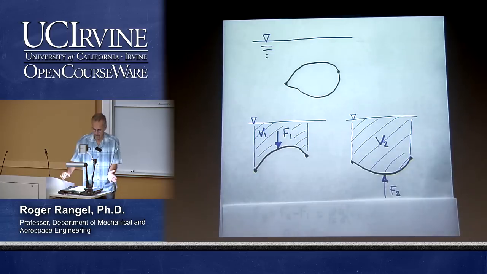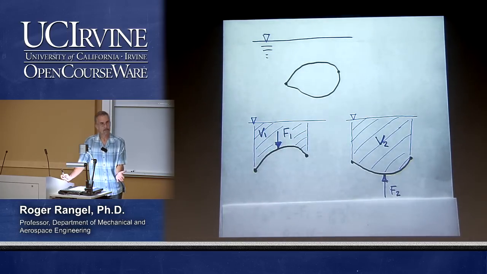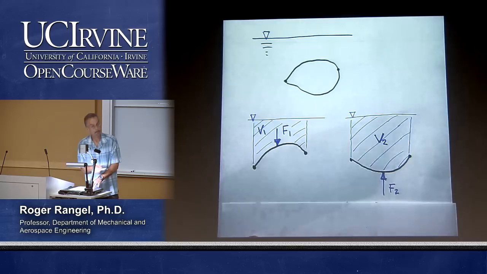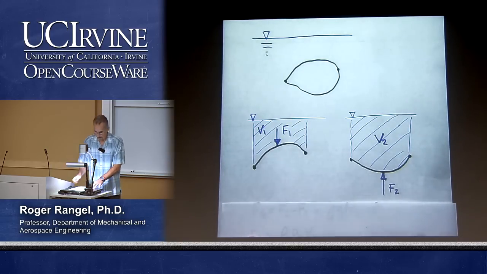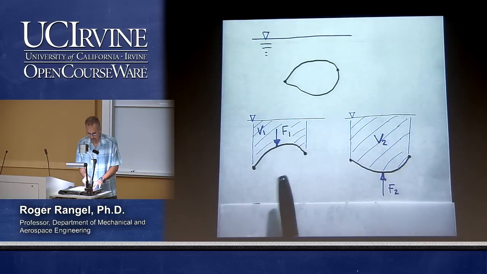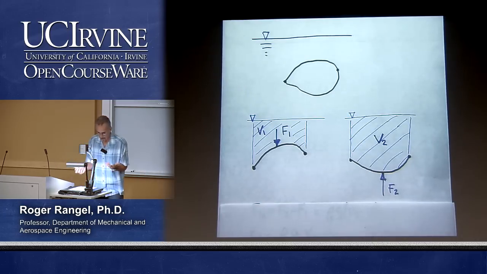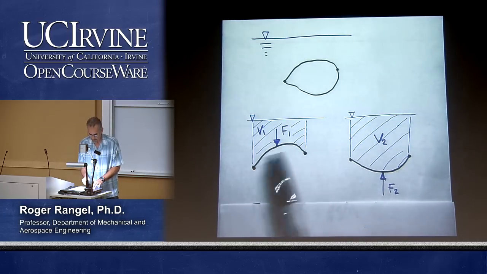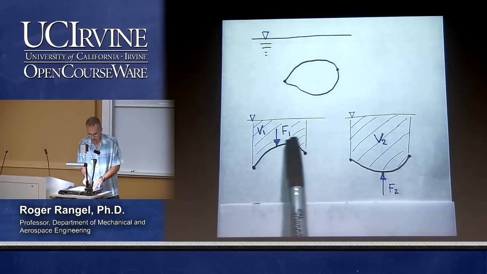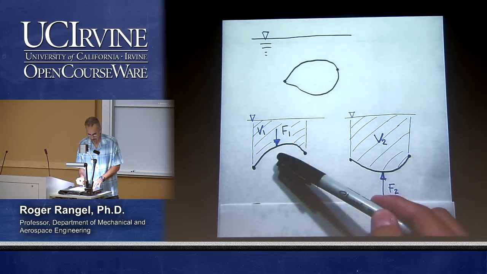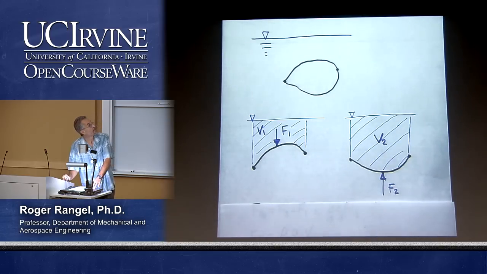And again, I am doing it as if it were a two-dimensional object, but the extension to three dimensions is trivial. It doesn't really change any of the results. And so if I do that and I apply what I learned in the previous example and in the previous lecture to finding the vertical force that is acting on these two surfaces, I already know that for this upper side of the object, the force that is exerted by the liquid is equal to the weight of the liquid that is sitting above that surface.